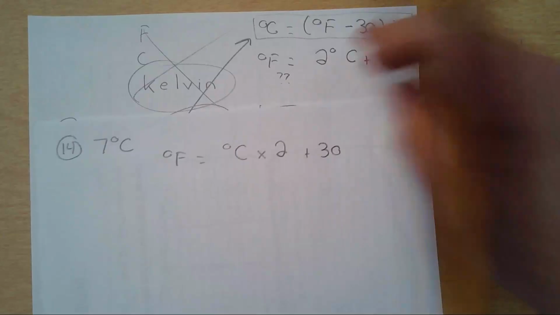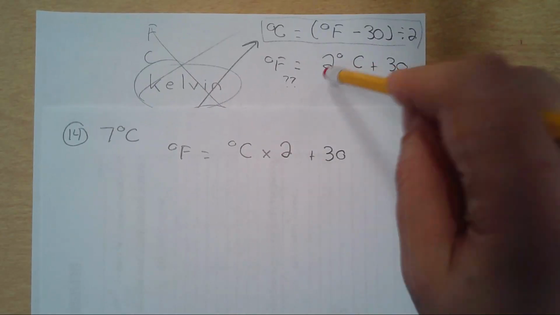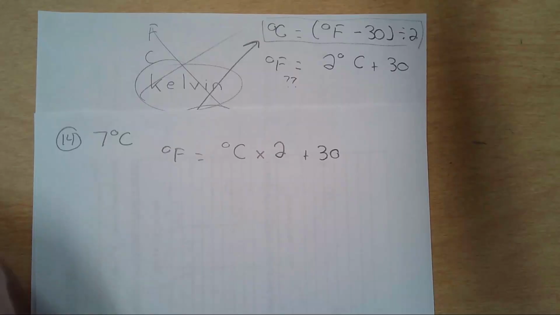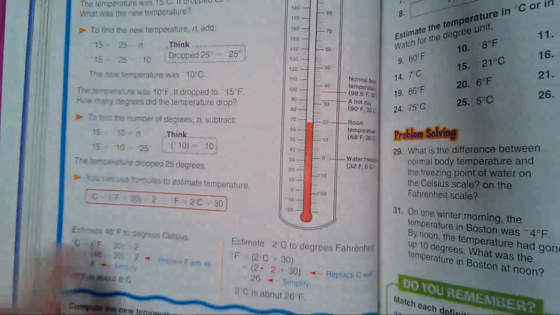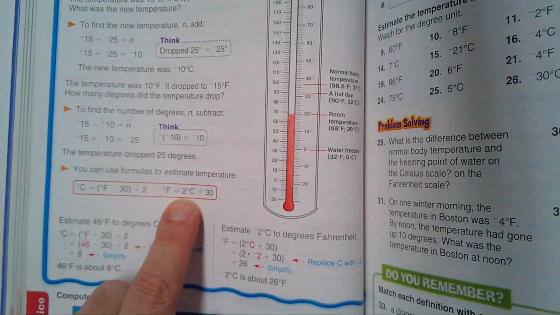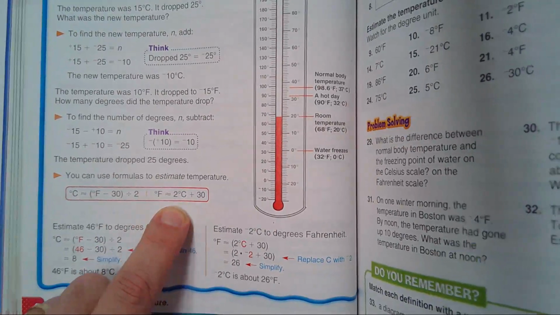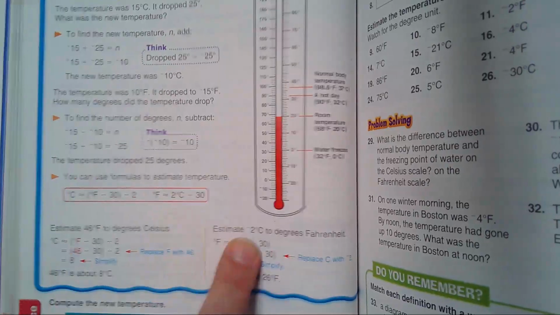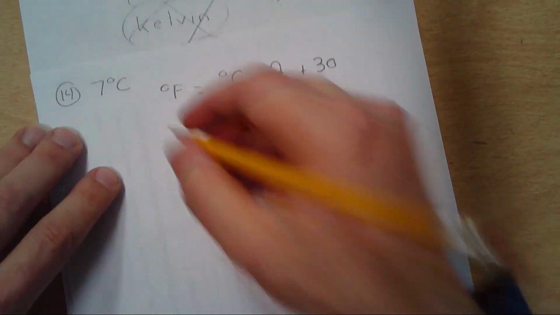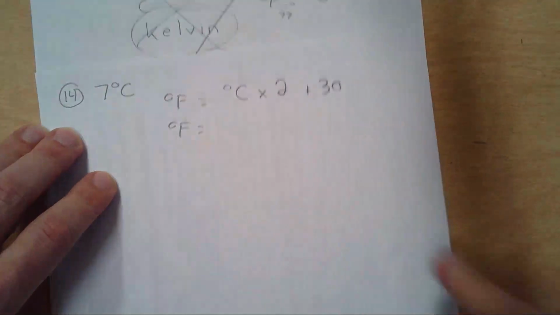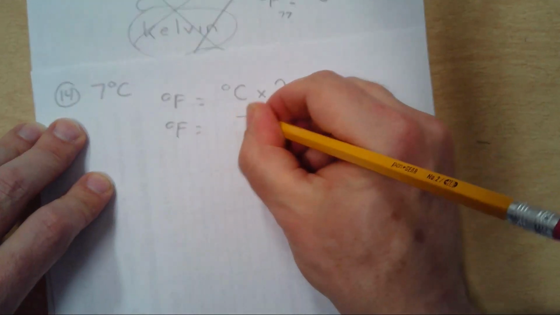So I just rewrote the formula. This is what we're doing here. If you didn't quite catch what this is, I wrote it how the book wrote it, okay? But that's however many degrees Celsius you got, multiplied times 2, and then add 30 to it. So now I can go in. I know how many degrees Celsius it is. It's 7.